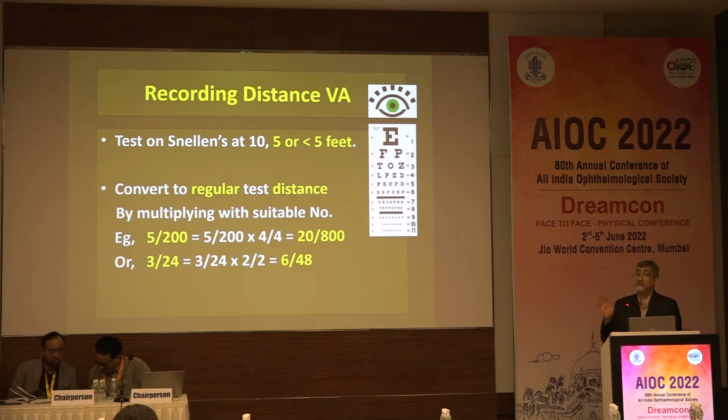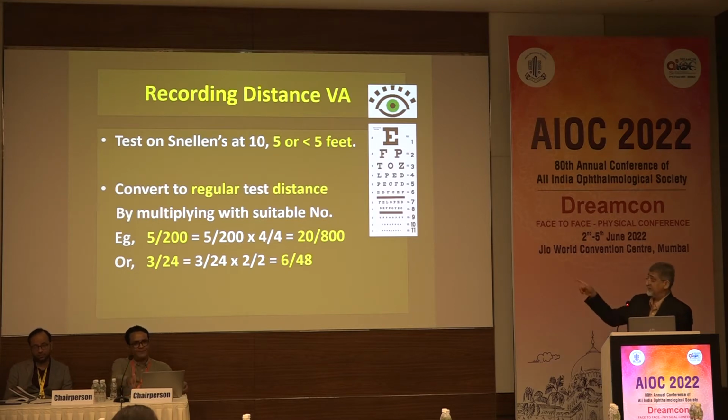So let us stick to the Snellen vision chart, and we record the distance vision on a regular Snellen chart by keeping the patient at a very close distance, say 5 feet or less than 5 feet or even 10 feet away from the Snellen chart. Once you record that vision, you have to convert it into the regular test distance by multiplying the numerator and denominator by a suitable number.